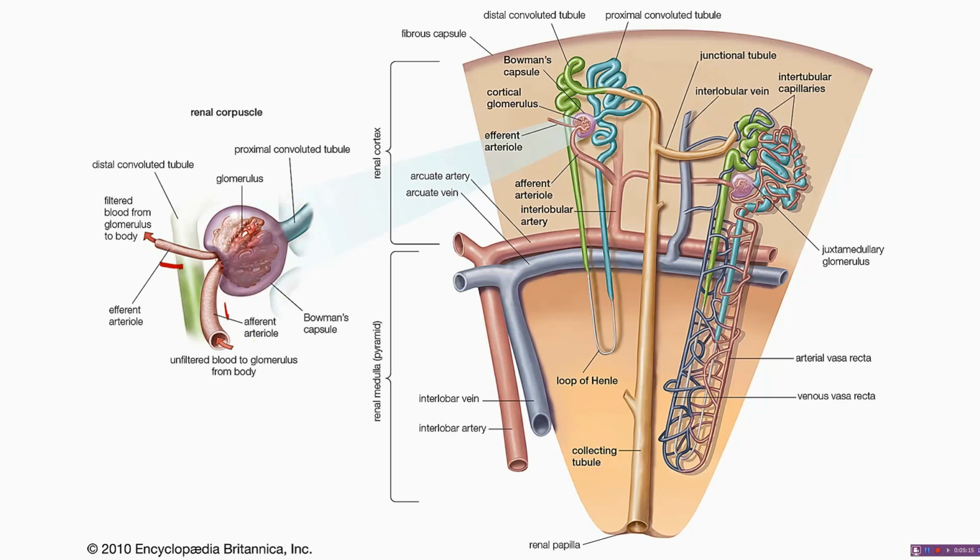This diagram shows the difference between the cortical nephrons and the corticomedullary nephrons. The corticomedullary nephron, as I have already said, has long loops of Henle surrounded by these capillaries. We will come to that later, and they extend to the tip of the papilla. But the cortical nephrons have short loops of Henle.